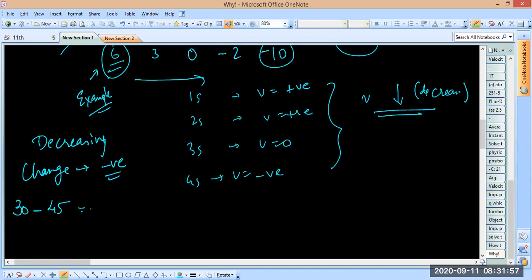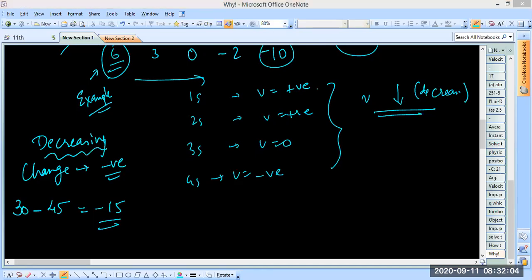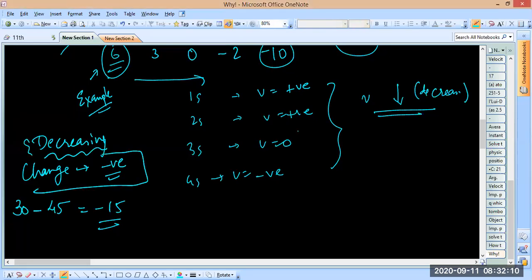So how much is the change? Minus 15. Now this has happened because your marks have decreased, for example. So again, a decreasing thing would have a negative change, and that's why when v is decreasing, then a, which is dv by dt, will also be negative, right? And so that's why we say that here this indicates a less than 0.